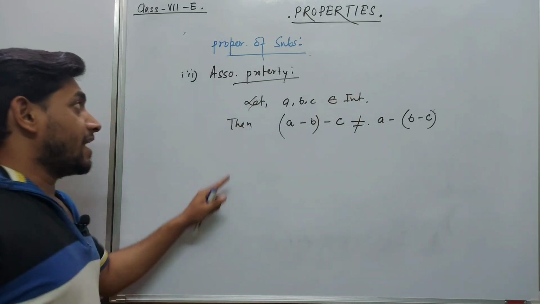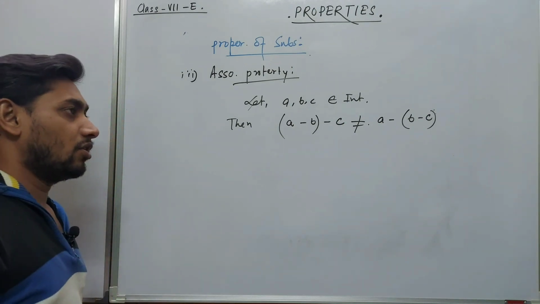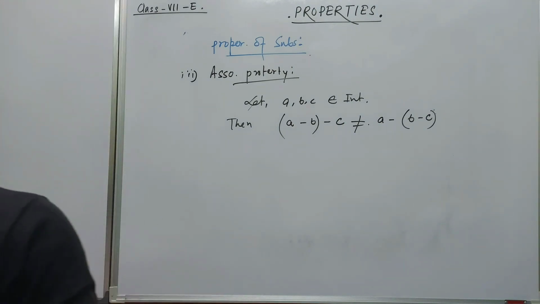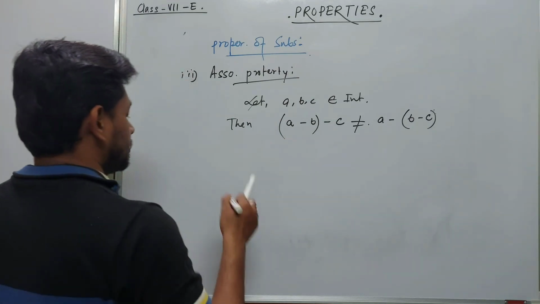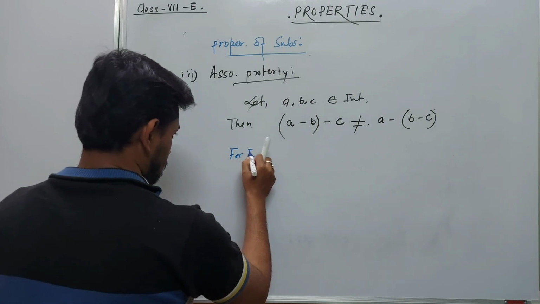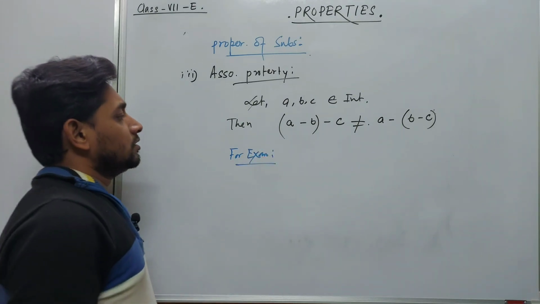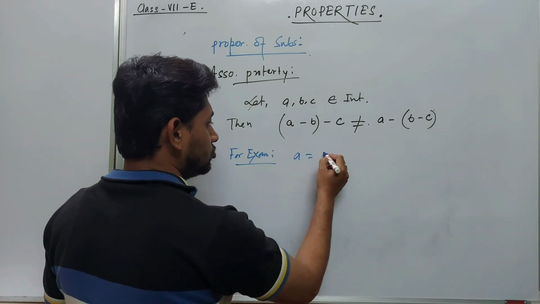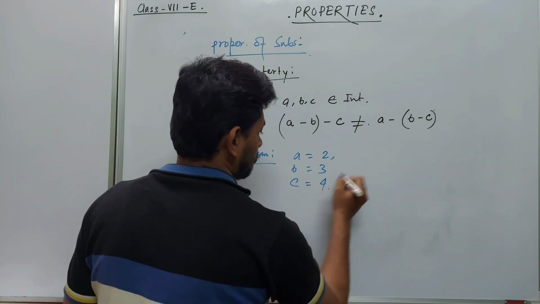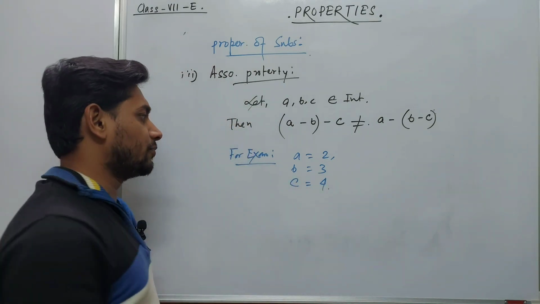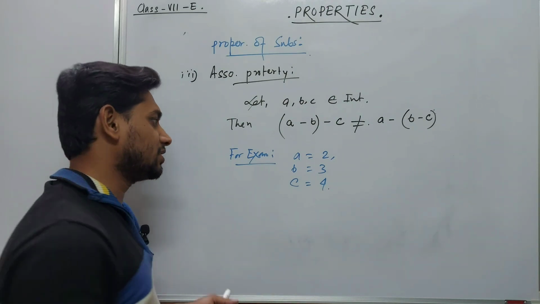That is, associative property does not hold for subtraction. For example, let A equal to 2, B equal to 3 and C equal to 4. You can change the value of A, B, C. You can take minus number or plus number, anything else.